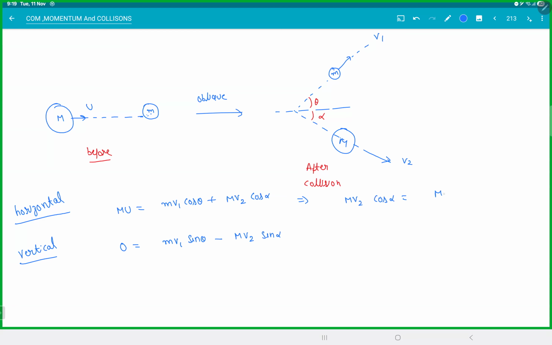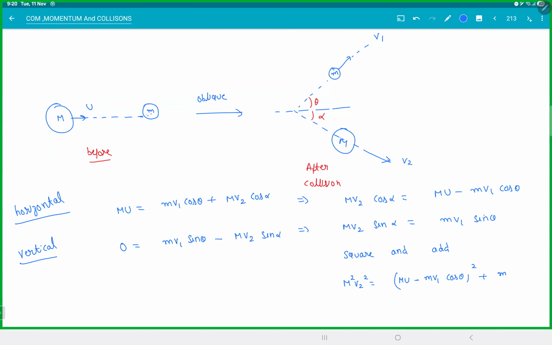M v2 cos alpha is mu minus m v1 cos theta. M v2 sin alpha is m v1 sin theta. So now if you square them and add them, alpha will go away from the picture. And left hand side will become M square v2 square. The right side will become (mu minus m v1 cos theta) whole square.